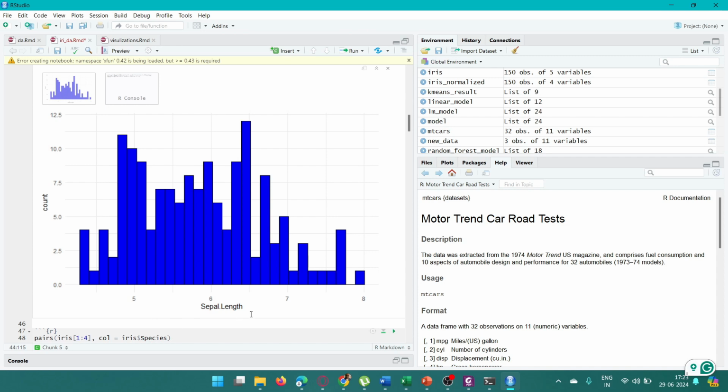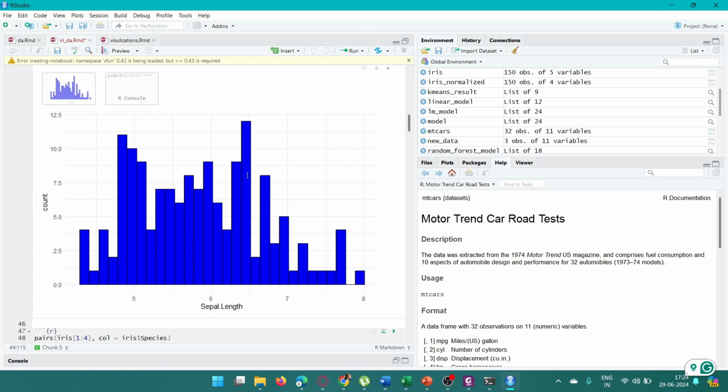You can see that a sepal length of 5 centimeters occurs 10 times in the given data set, and the maximum count is at a sepal length of around 6.5 centimeters. It takes nearly 12 counts.